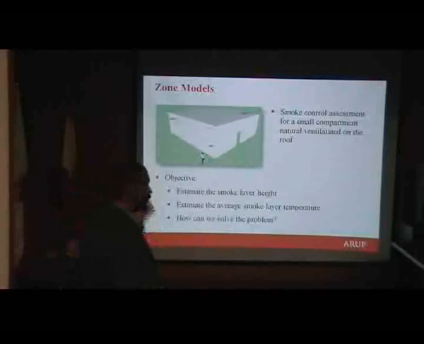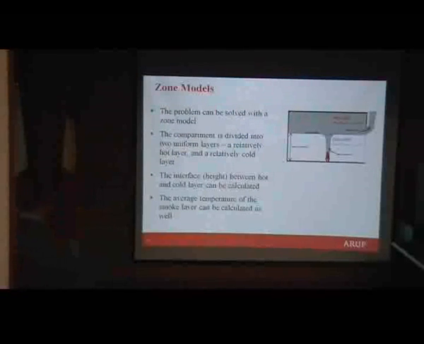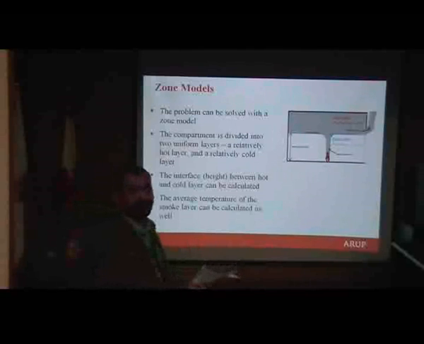So in this case, how can I solve the problem? The problem can be solved with a zone model, for example. The compartment will be divided into two uniform layers, a cold one and a hot one, and I can estimate the interface between the cold layer and the hot layer, and I can estimate the average temperature of the hot gases.